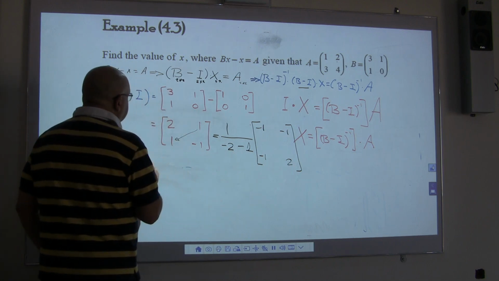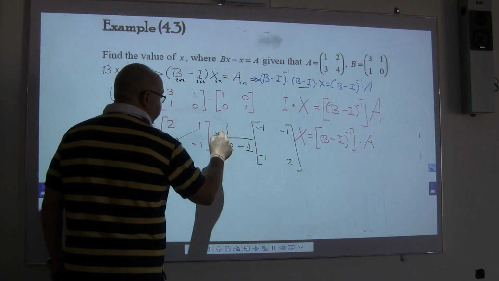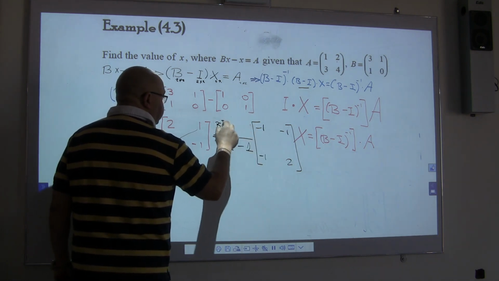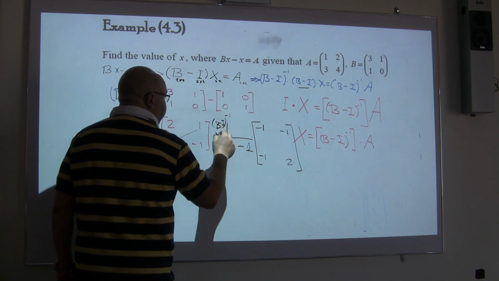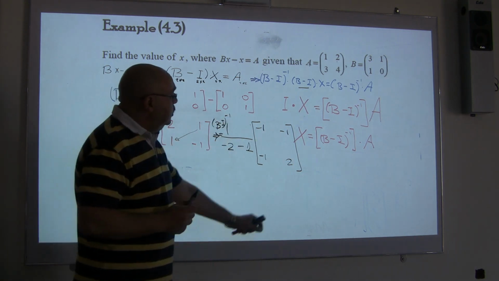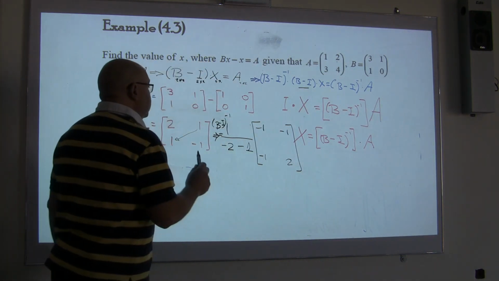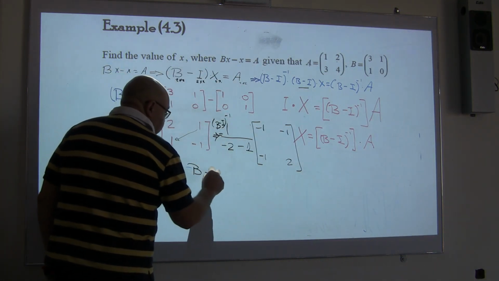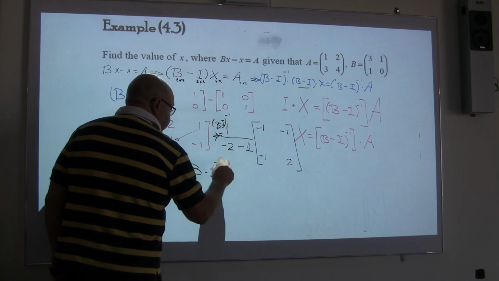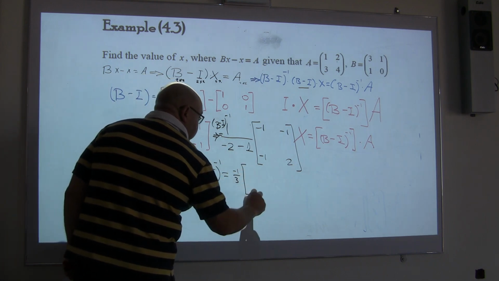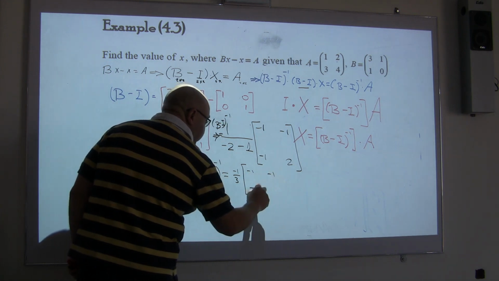So the result is, for this function, I'm getting B minus I to the power of negative 1. These are the steps to get B minus I to the power of negative 1. So B minus I to the power of negative 1 will equal negative 1 over 3 times all of these numbers.